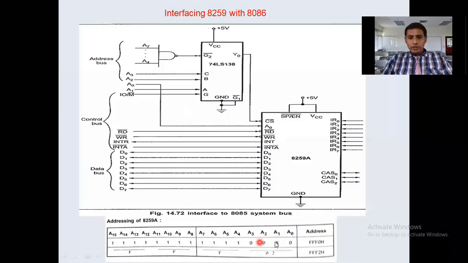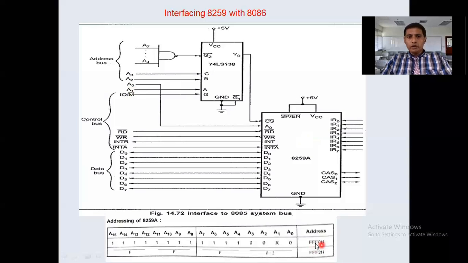If A1 is 0, then in my address the ones are 4 ones equal to F, another 4 ones F, another 4 ones F. Then with 0, 0, 0, 0 the address is FFF0H. Instead of 0, for example if A1 is 1, then FFF2H is the address. For example, here also I am assuming that A1, A2, A3 are all zeros because they are the inputs. Then what is the address?